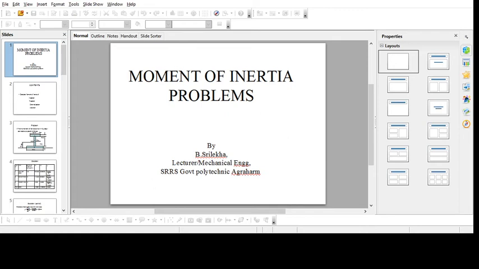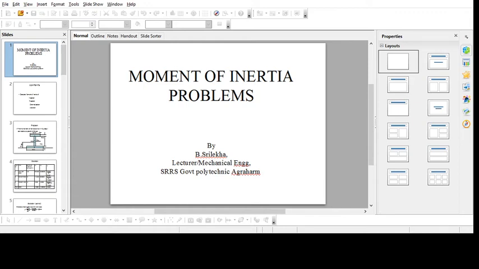So it is 5 into 100 cube by 12 minus 44 into 82 cube by 12, which is simply 21 lakhs 44,984. Okay, so this is the value.